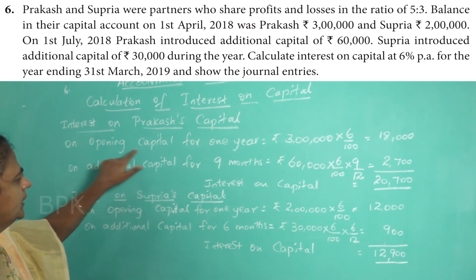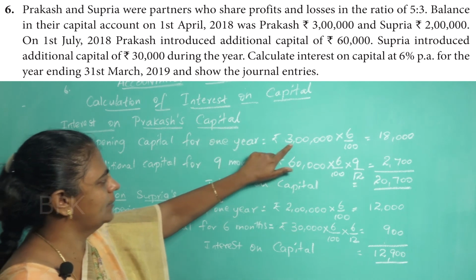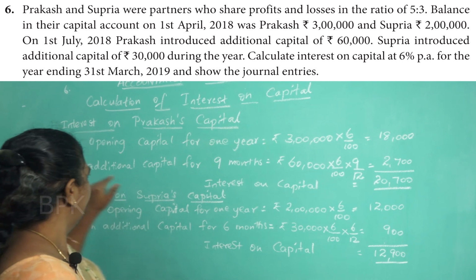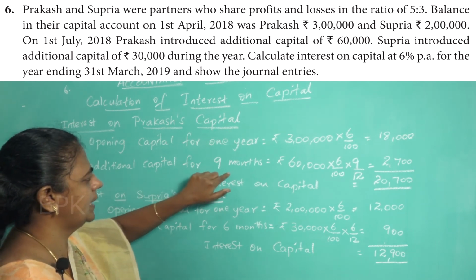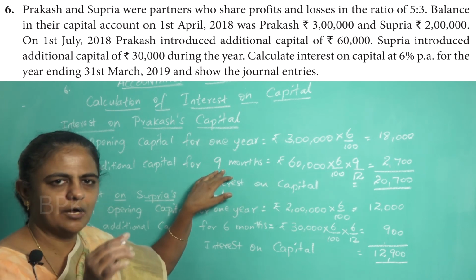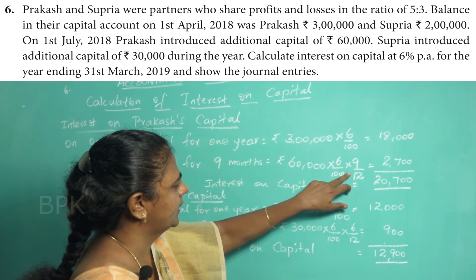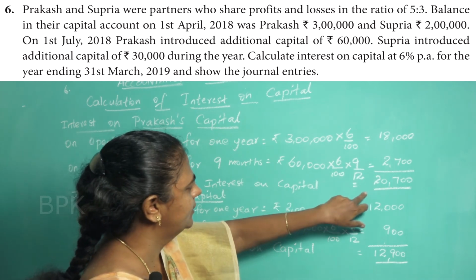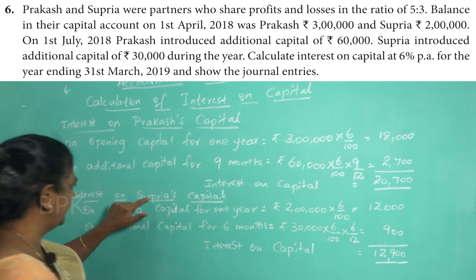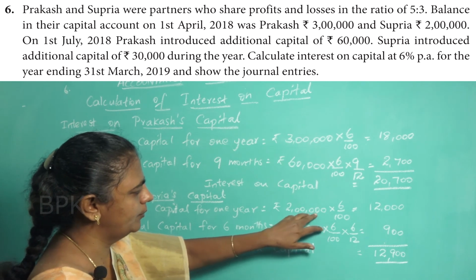Understood? On the opening capital, for 1 year for Prakash you take, his opening capital is 3 lakh, 6%. Then he is introducing additional capital on 1st July. From 1st July to March, how many months are there? 9 months are there. So you calculate for 9 months. Both you add. So interest on capital is 20,700. Next to Supriya. Supriya's opening capital for 1 year is 2 lakh.